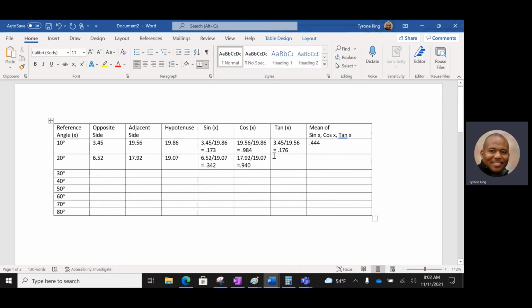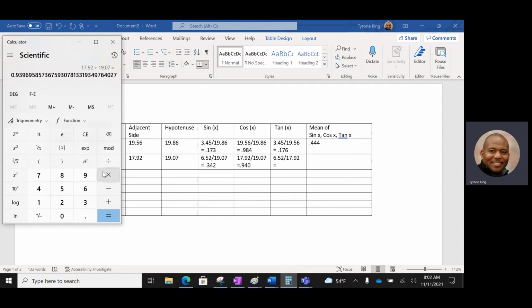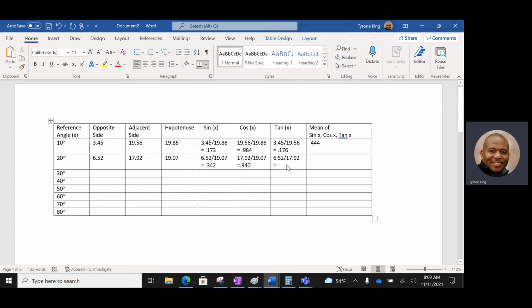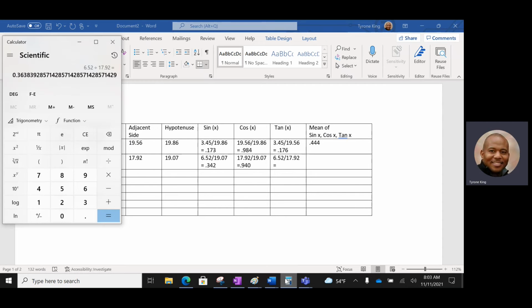And then the last one is opposite over adjacent, so that's 6.52 divided by 17.92. I do that in the calculator, and that equals 0.364.